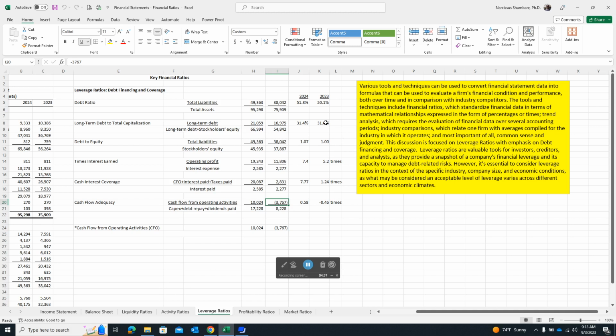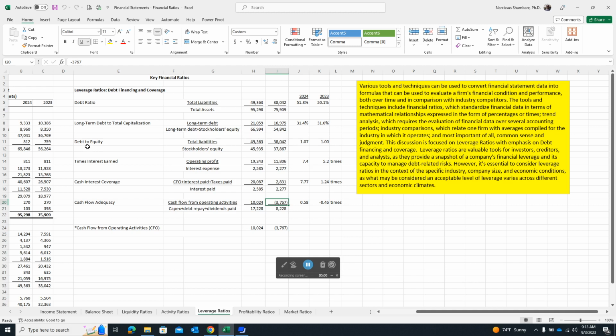Otherwise, if it's actually a mismatch, you may need to pay back the debt before the project is actually complete or before the project has actually generated anything at all. So it's always important to match your long-term commitments with the kind of funding you will actually be using. Very important to think about that.